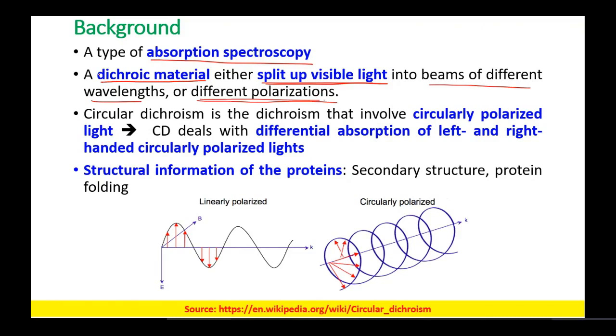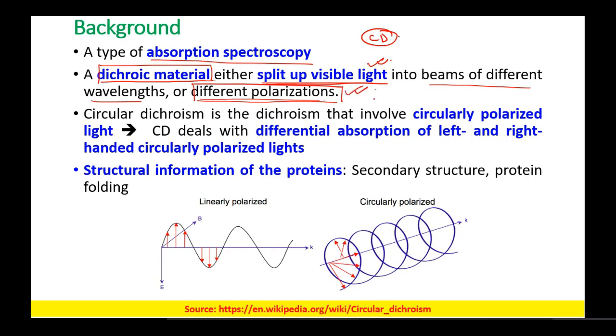In our study of circular dichroism, we are mainly interested in materials which can split up the visible light into different polarizations.